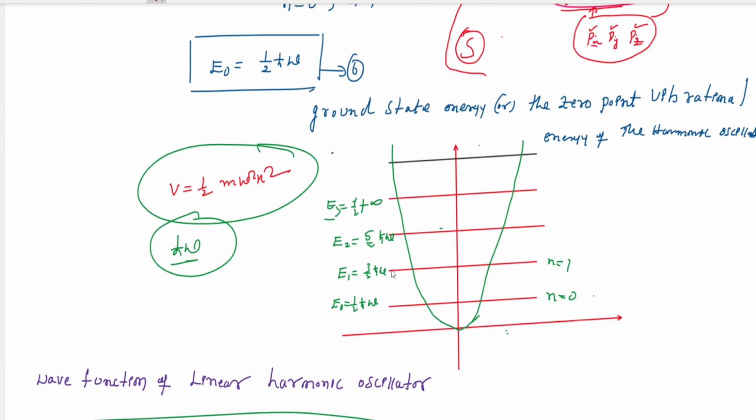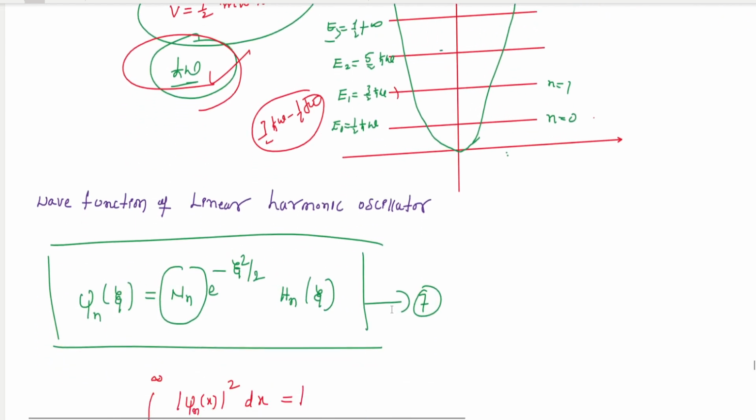What is the difference between these two energy levels? One is 3 divided by 2 h cross omega, another is 1 divided by 2 h cross omega. The total difference is h cross omega.